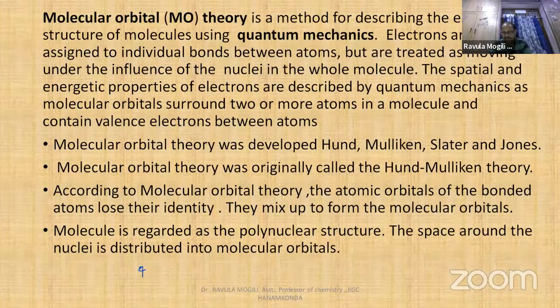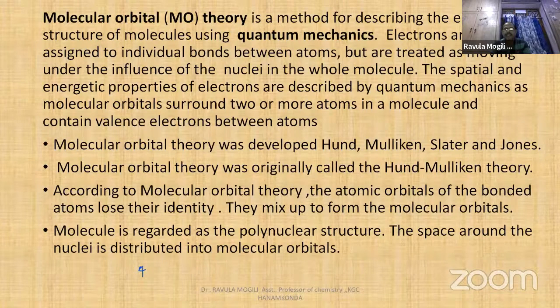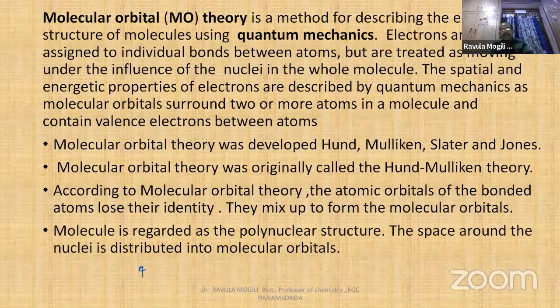So what is quantum mechanics? According to quantum mechanics, electrons revolve around the nucleus of an atom. That is meant for an atomic orbital. The region of maximum probability to find the electron density in an atom is called an orbital.